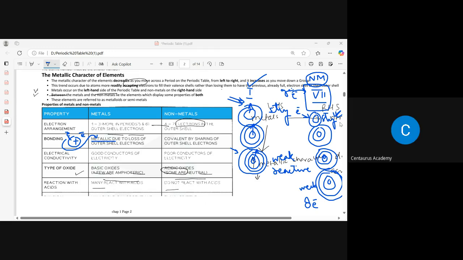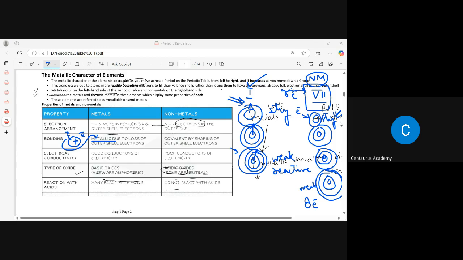So this basically tells you the reactivity. The easier a particular element is going to lose or gain electrons, this is going to determine its reactivity. But if I want to know the strength of metallic bonding in any particular metal, then I'm going to look into the electrostatic forces of attraction between the positively charged cation and the sea of delocalized electrons. The greater the electrostatic forces of attraction, the greater will be the strength of metallic bonds.